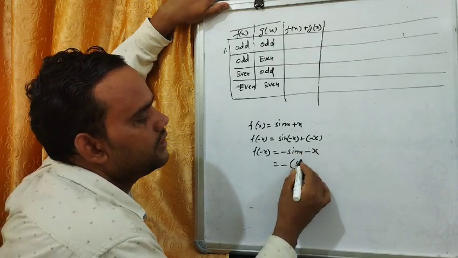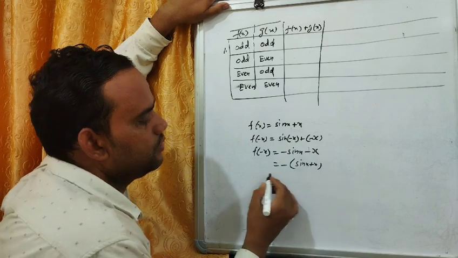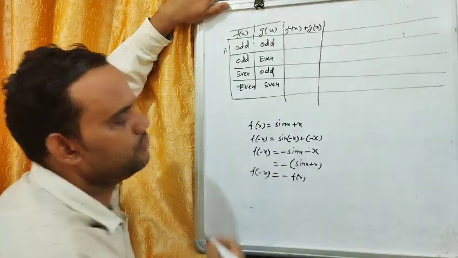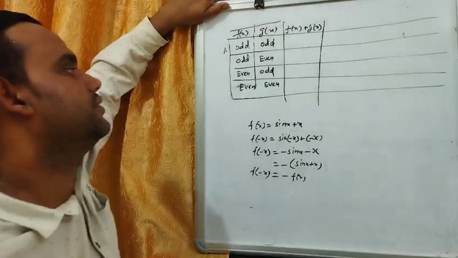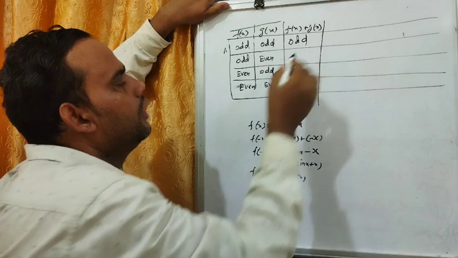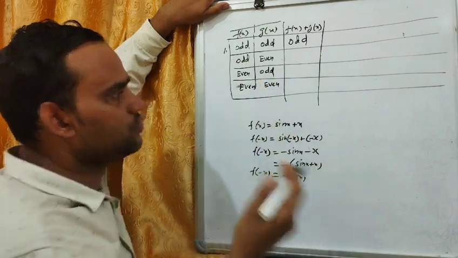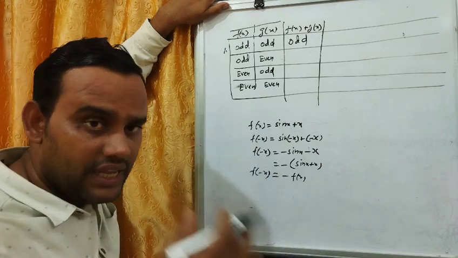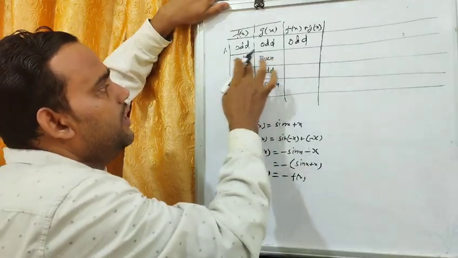Minus is common: minus of sin x plus x. So this is nothing but minus of f of x, so it is an odd function. So if you add two odd functions, the result is odd. In the previous example, I took x squared plus x, where x squared is even and x is odd.